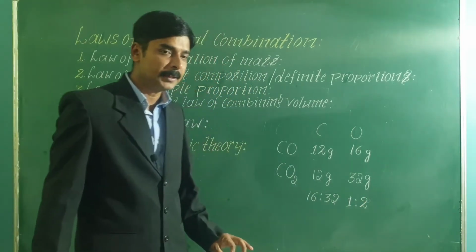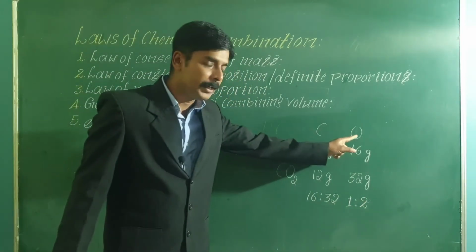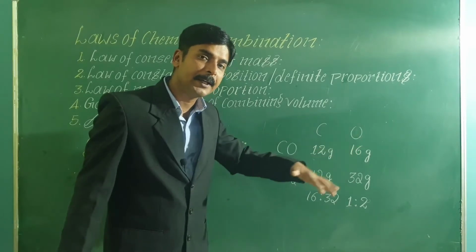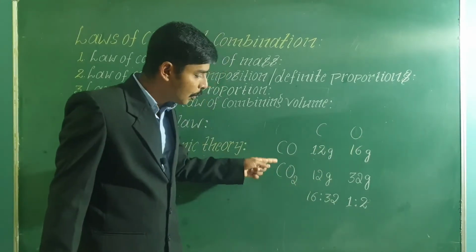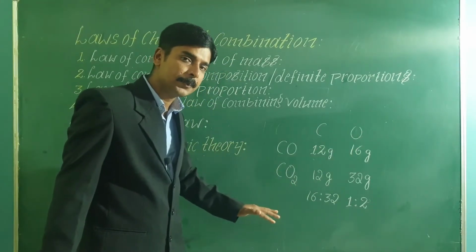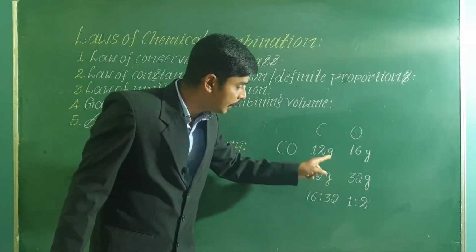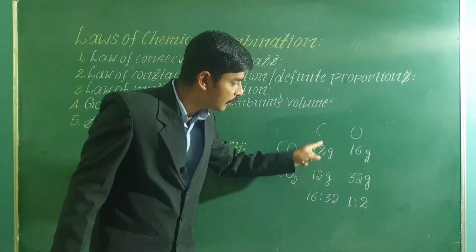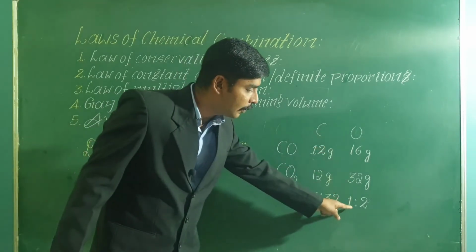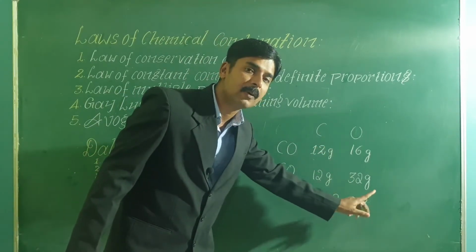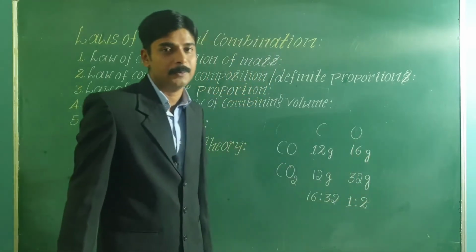Once again I will repeat. When two elements combine to form two or more compounds, the masses of one element that combine with a fixed mass of another element will always bear a simple whole number ratio.